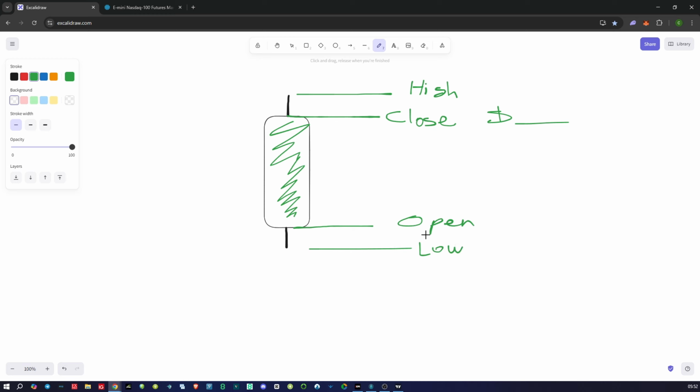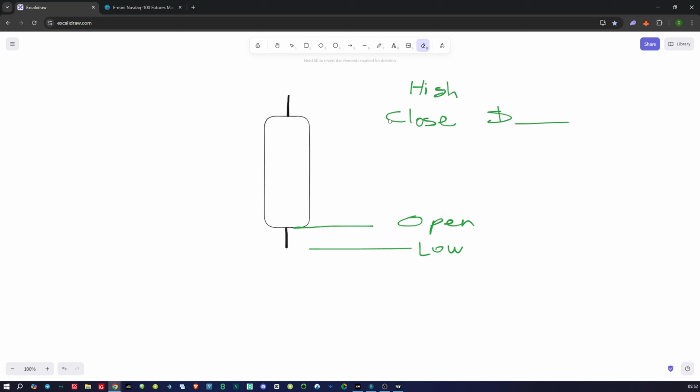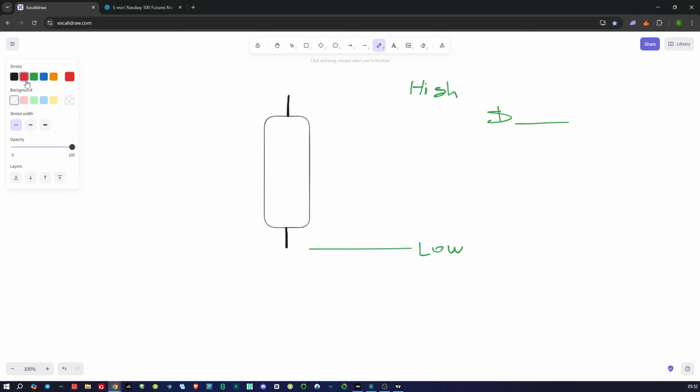If this was a red candle, I'm going to just do this. The open and close would be swapped around. This will still be the high, still be the low. If this was red, this would be the open, and the close would be down here.